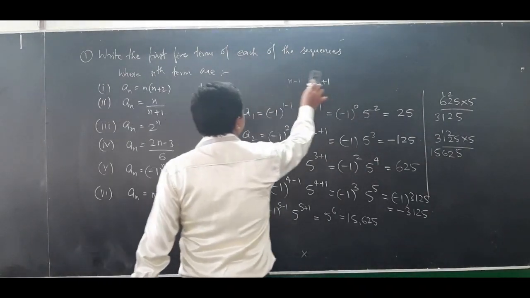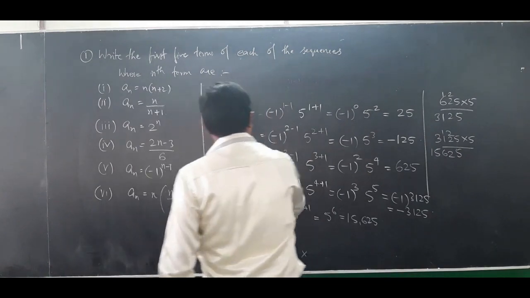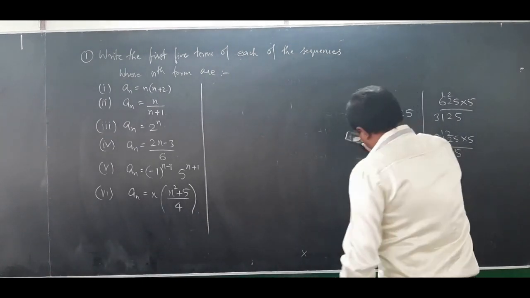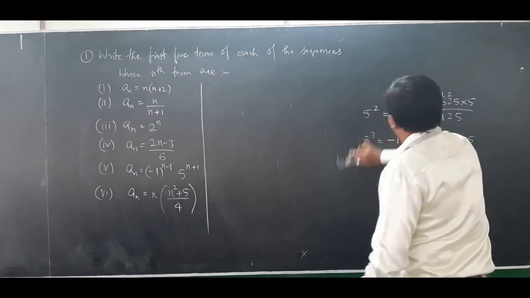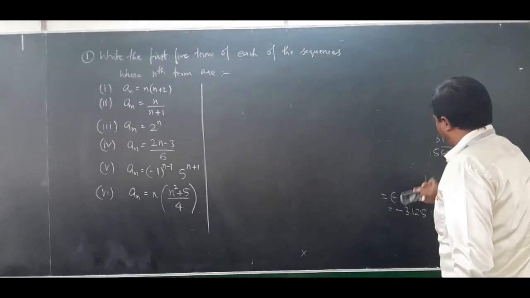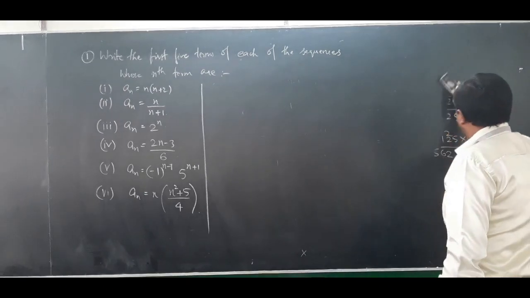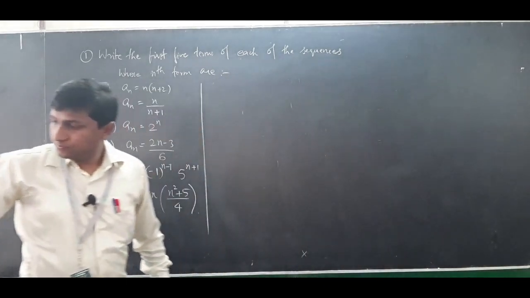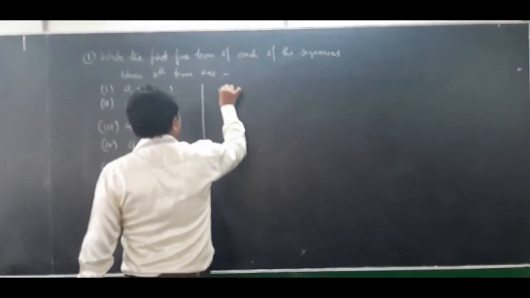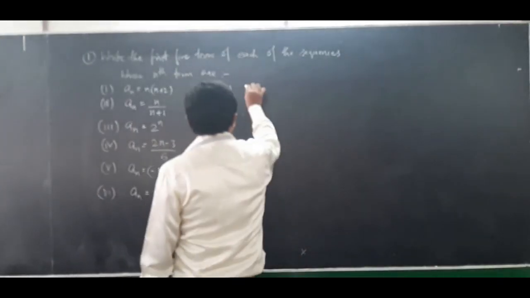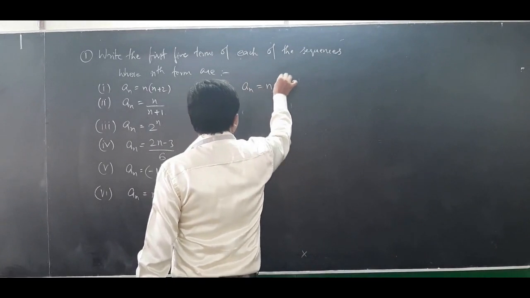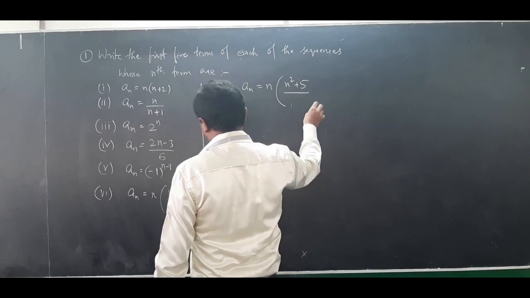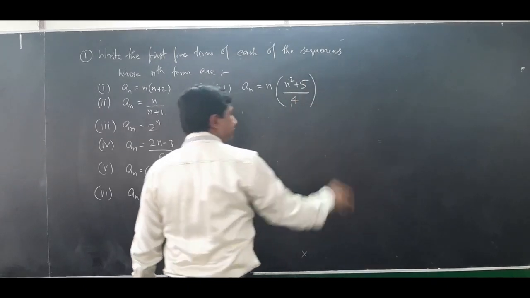Last question, question number 6. Question number 6, an is n into n square plus 5 by 4.